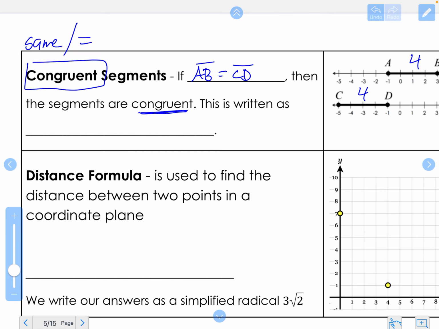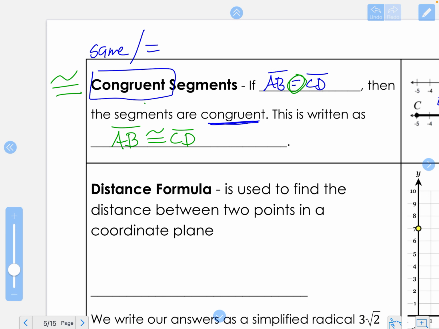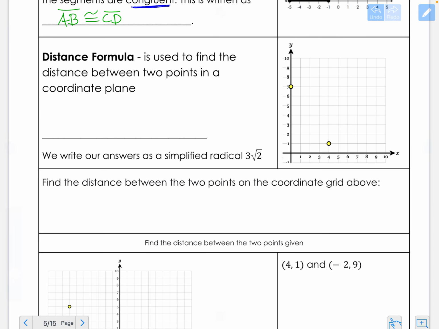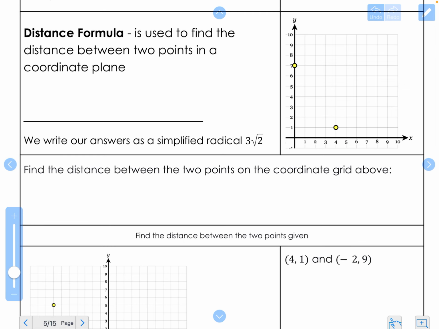So once we know they are congruent, we do not use our equal sign, we write them differently. We write down line segment AB is congruent to line segment CD. So our congruent sign is an equal sign with that tilde on top. So now we're going to talk about distance formula and how we find distance in 2 dimensions on a graph.